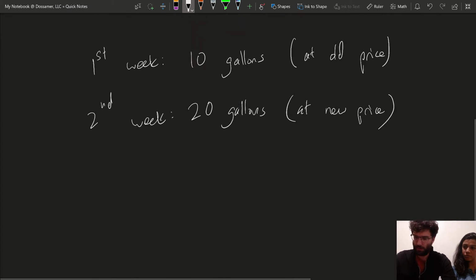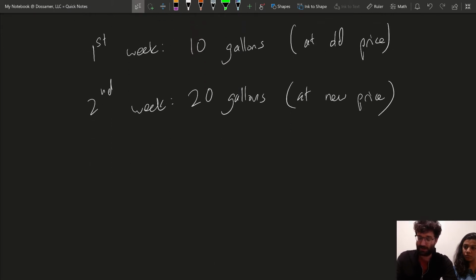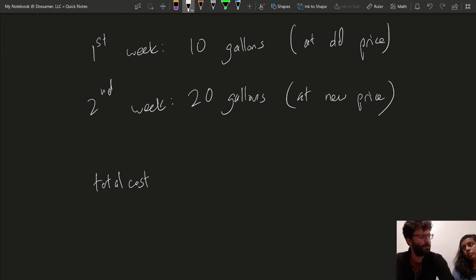So one way of saying that is that the cost for the first week, let me redo that, sorry. The total cost. There's the price of the gas, but we're getting at the expenses, the total expense.